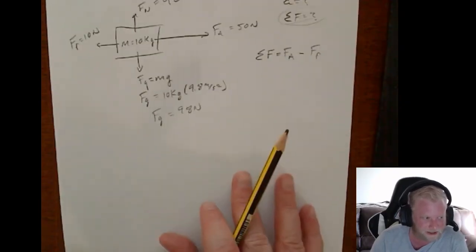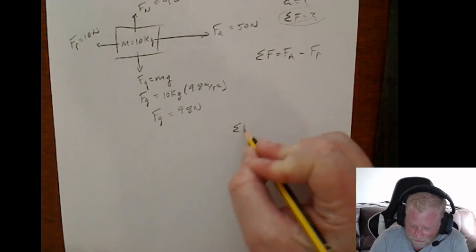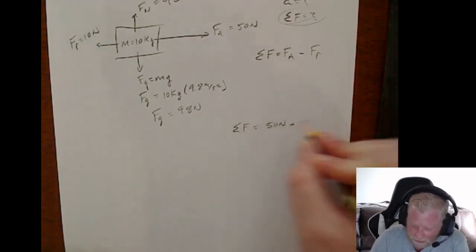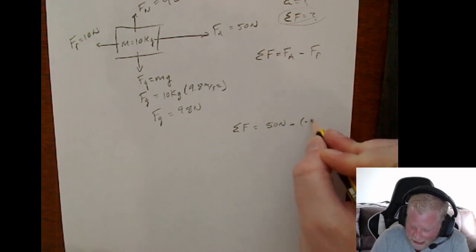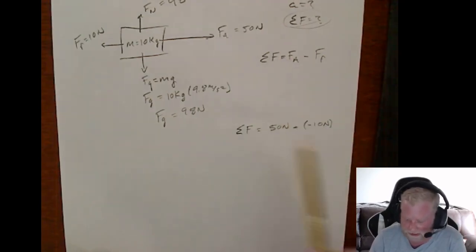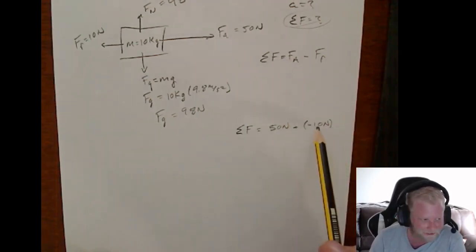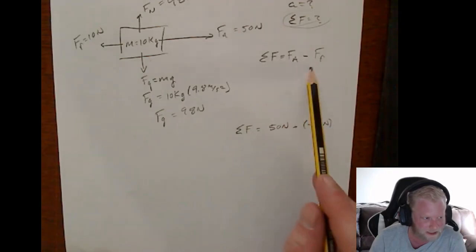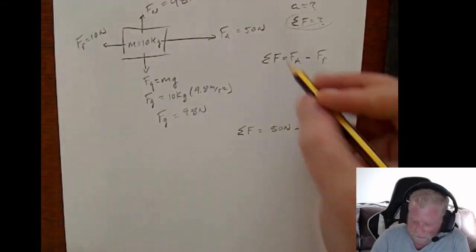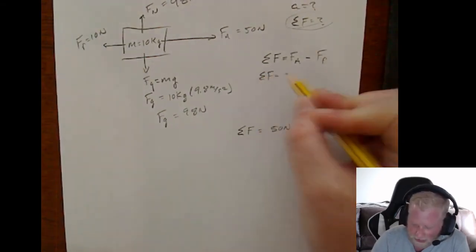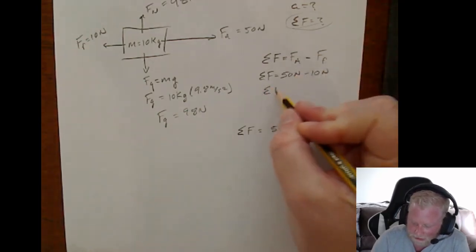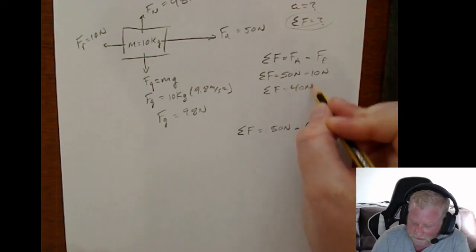If you want to think of that in a different way, we've got 50 newtons in the positive, and we're adding negative 10 newtons. What I'm doing here is just skipping the step of adding a negative and going straight to recognizing that this one is negative, so it's subtracted. So our net force is equal to 50 newtons minus 10 newtons. So our net force is 40 newtons.